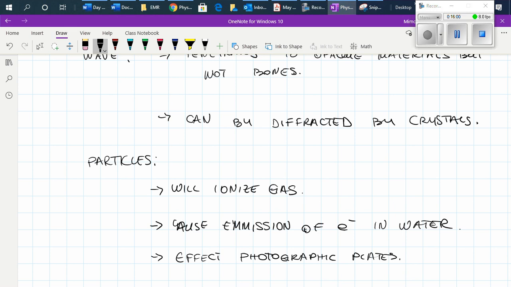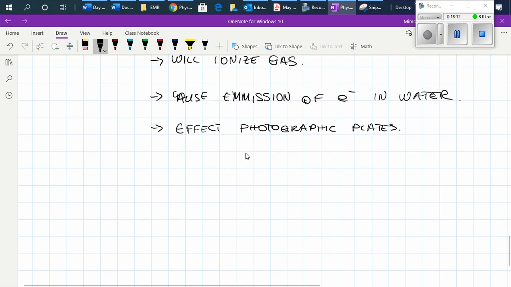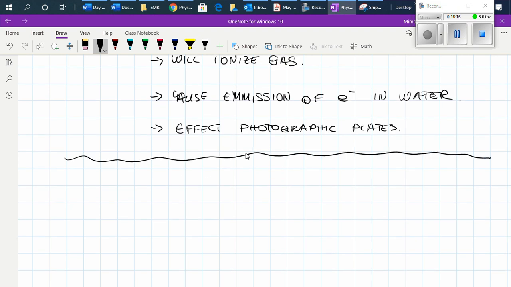All this work led to the idea that, okay, now we are dealing with a photon that has all those qualities. It's acting as a wave, it's acting as a particle.